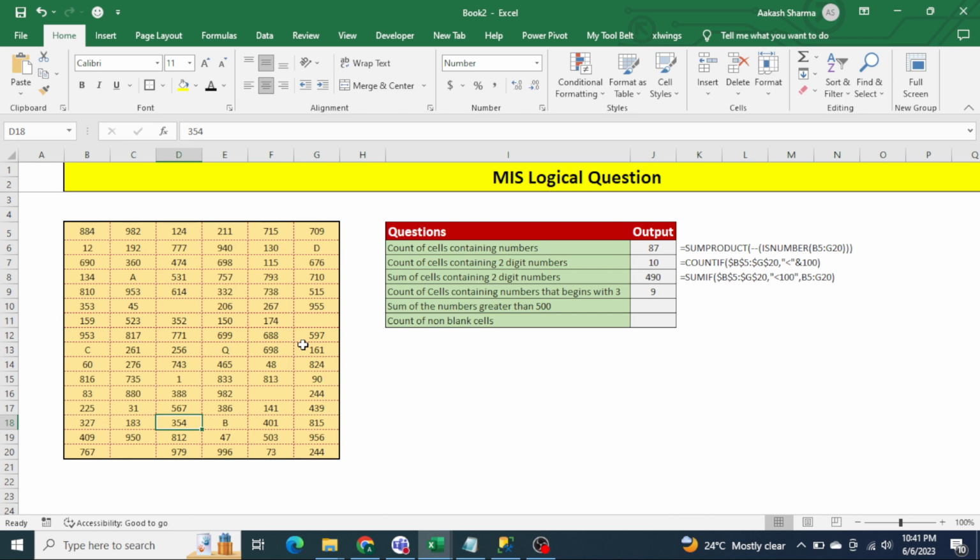So in total we have 9 cells which start with 3.